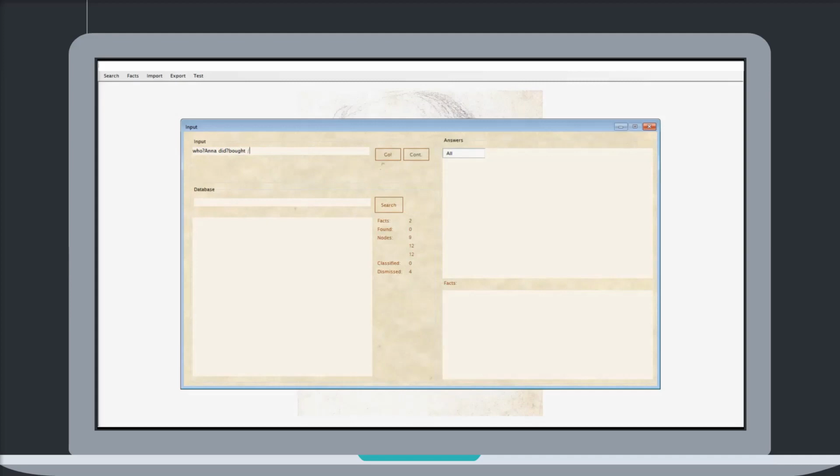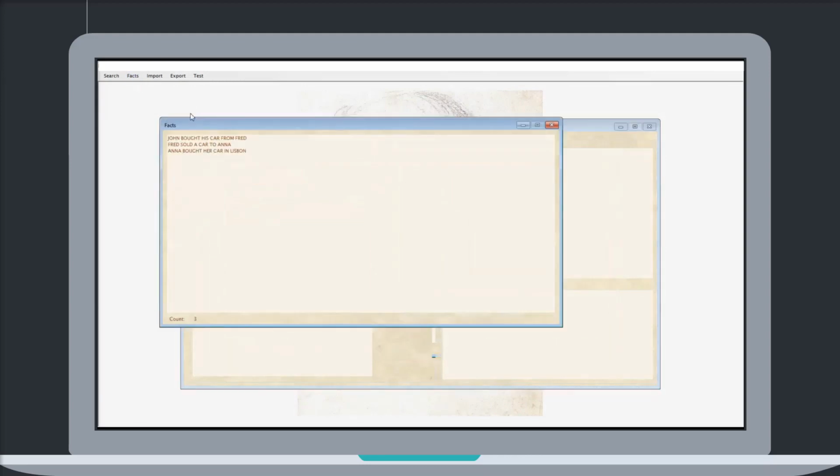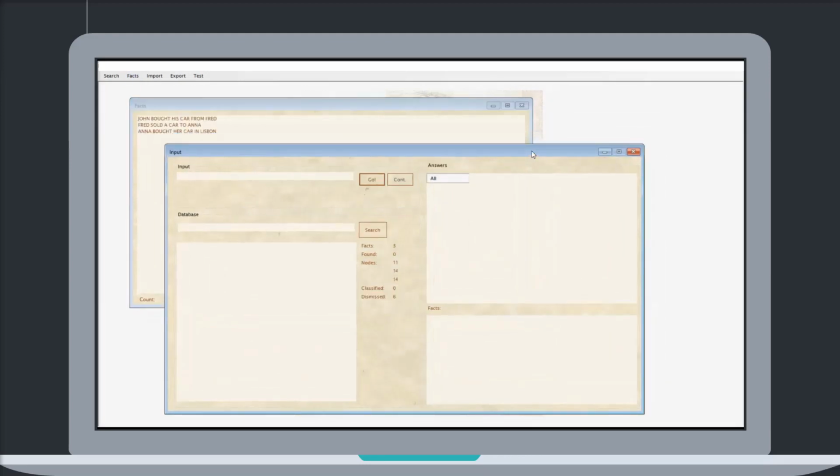Because John bought his car from Fred, who in turn sold the car to Anna, and Anna bought her car in Lisbon. And this is the answer it can give.